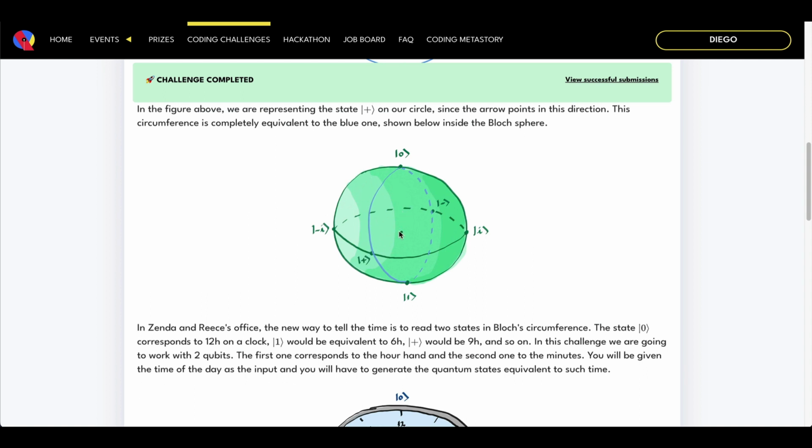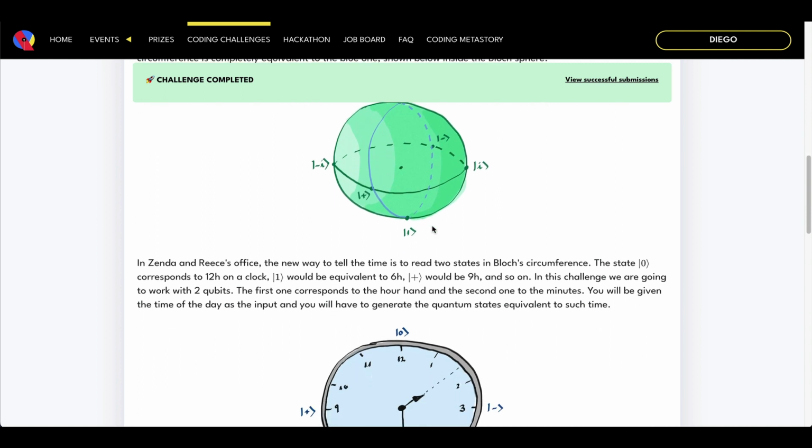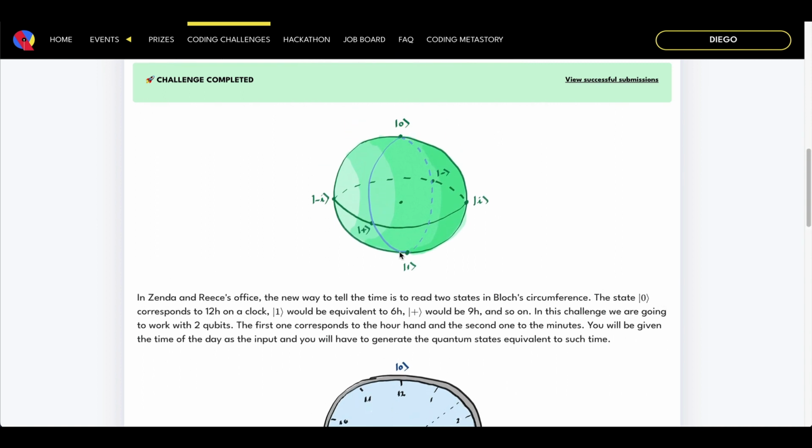If we apply an RY gate with an angle of pi/2, that would rotate from state 0 to state plus. But what we want here is that if we apply, let's say, pi/2, it ends up in state minus, right? So we want this to rotate clockwise in this plane. To do that, let's go ahead and go into PennyLane and start coding this problem.